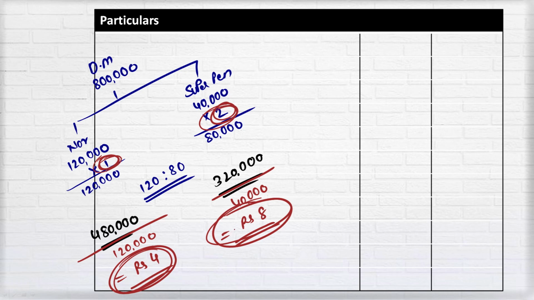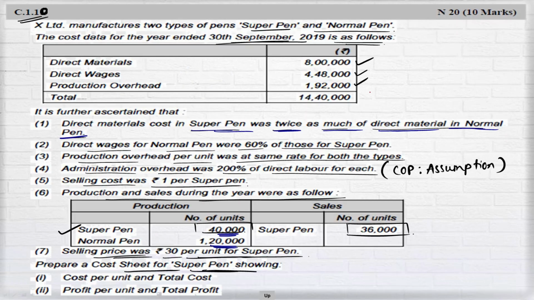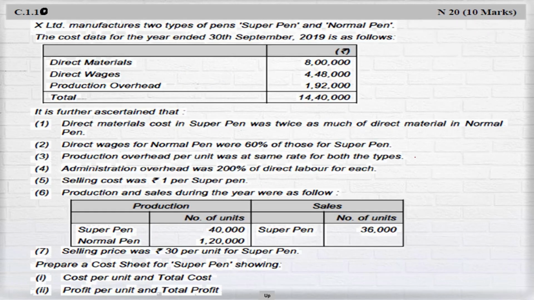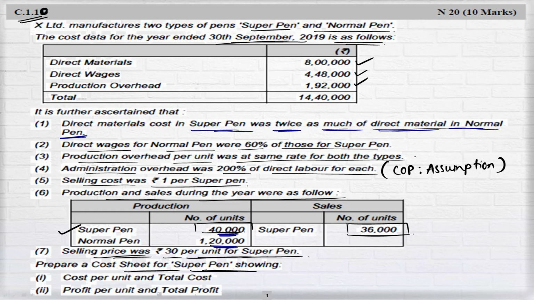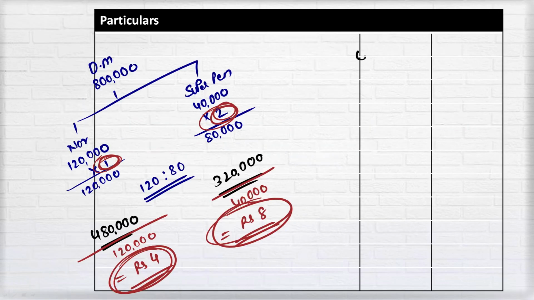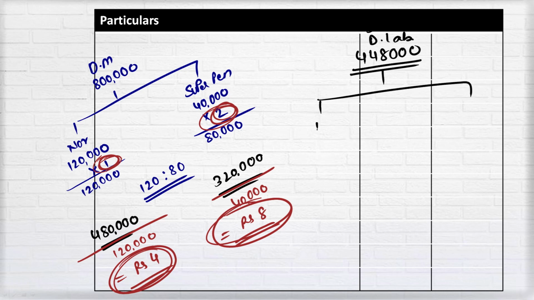This is direct material. We will have to do direct labor. Direct labor total is 4,48,000. It should be distributed in normal pen and super pen.